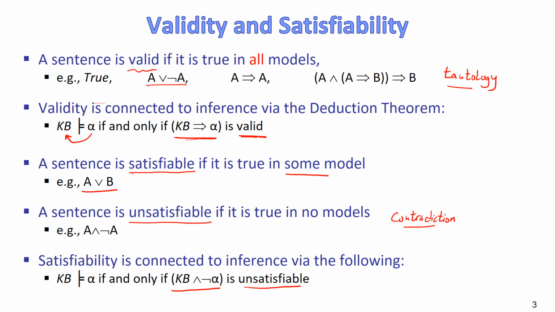Sorry, I said always true, I meant always false, because it's unsatisfiable. So again, if we show that the knowledge base and not alpha is unsatisfiable, which means it's always false, then we can entail alpha from the knowledge base.